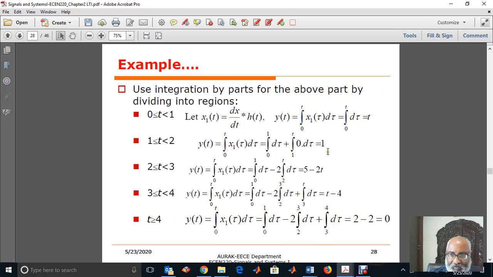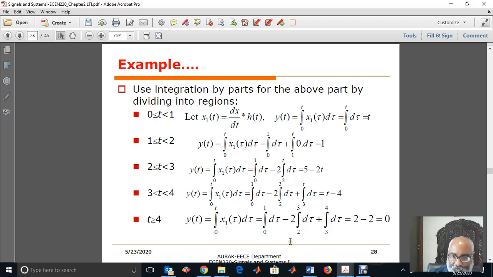So I have the result 1. And if t is between 2 and 3, I will have from 0 to 1 d tau minus 2 times the integral from 2 to t d tau, which is 5 minus 2t.